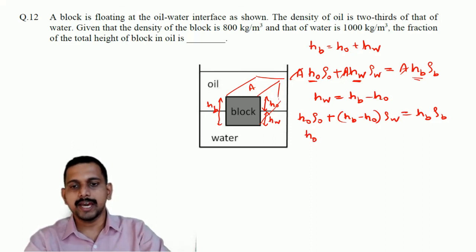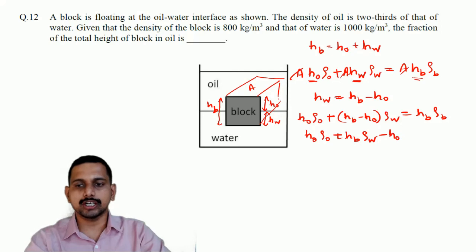So what we need is H oil by HB. If I expand, H oil into density of oil plus HB into density of water minus H oil into density of water is equal to HB into density of the block.